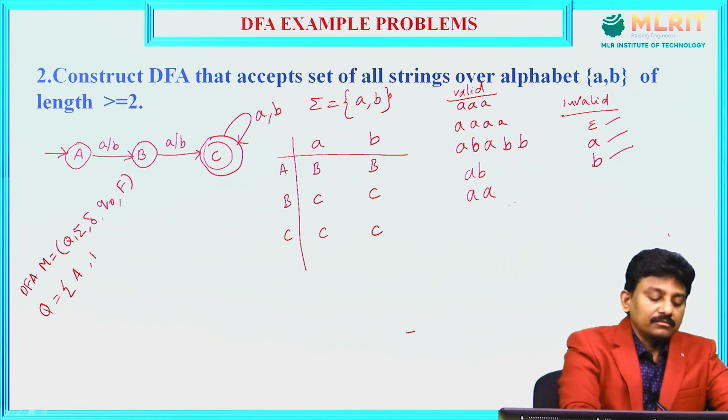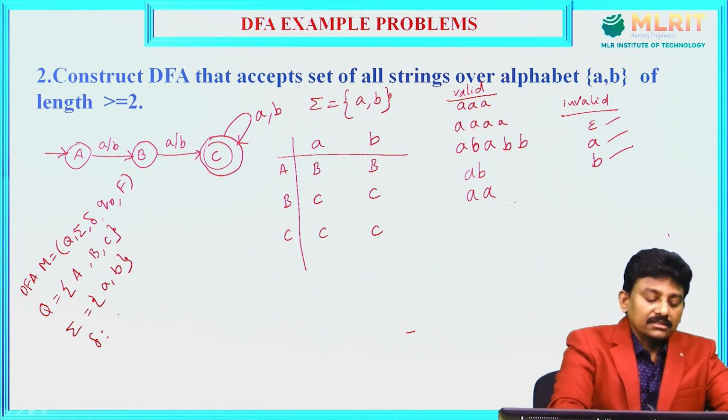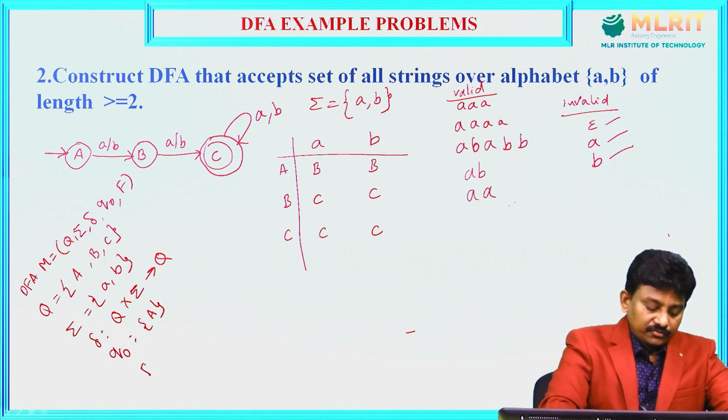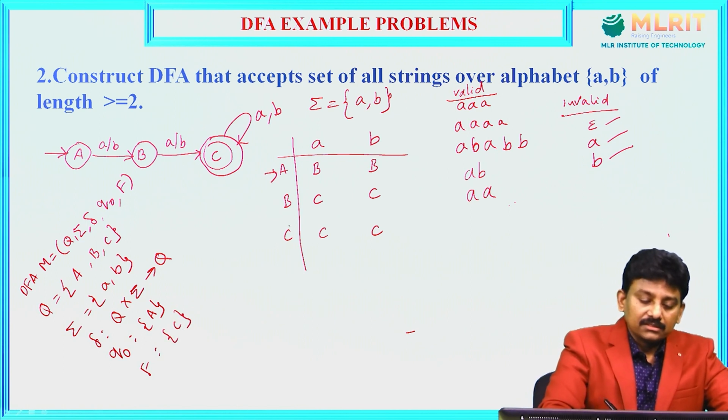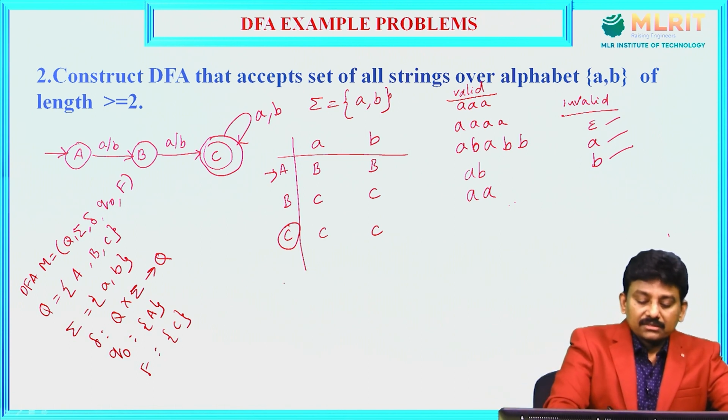Sigma is the input alphabet, A, B. Delta is the transition function, Q cross sigma to Q. Q naught, the initial state, is A. The set of final states has only one state, that is C. A is the initial state, C is the final state. Now, we will see the string acceptance.